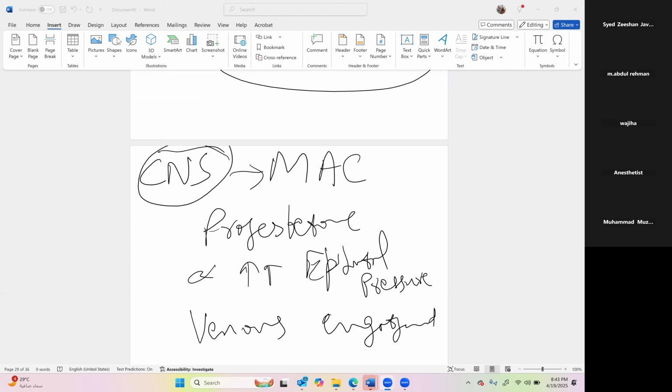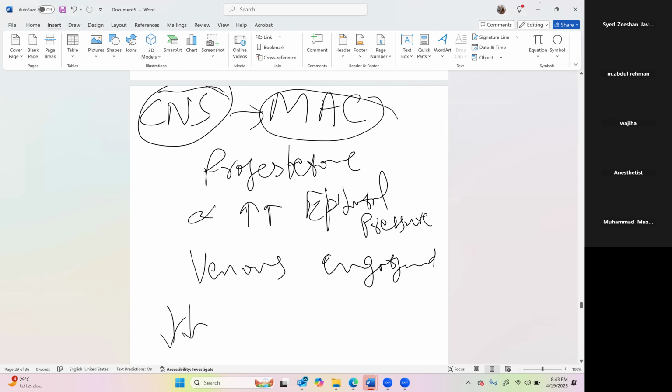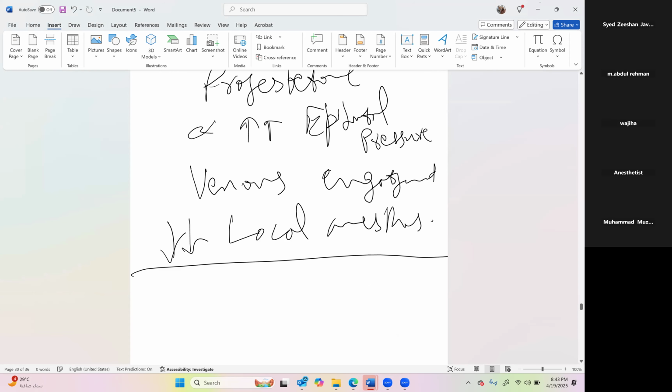So that's why you decrease the dosage of the medications. Yes, you decrease the dose of local anesthetic and volatile agents. Okay.